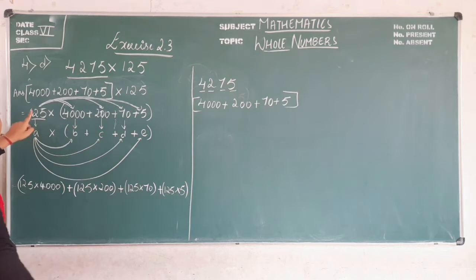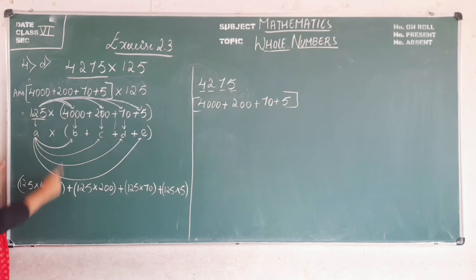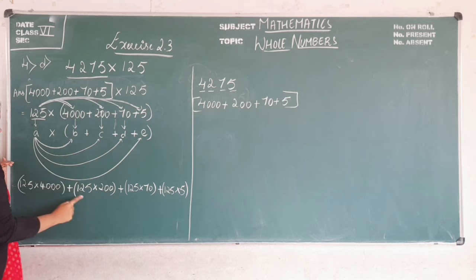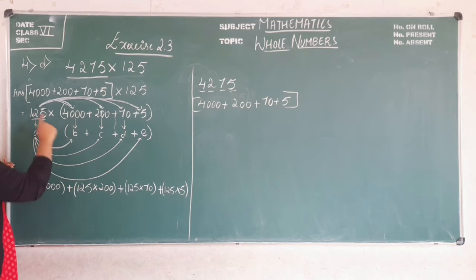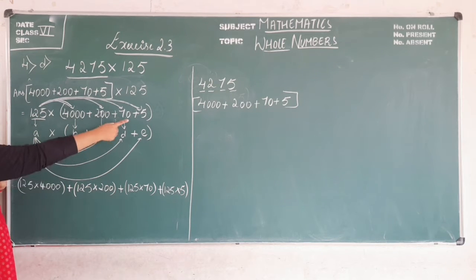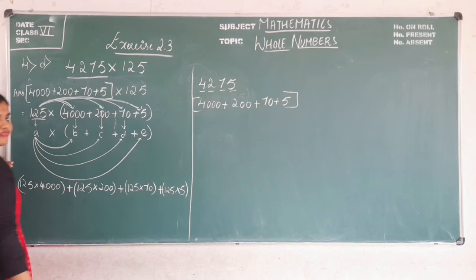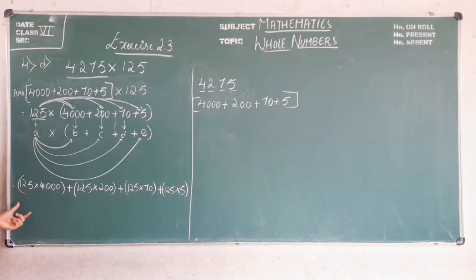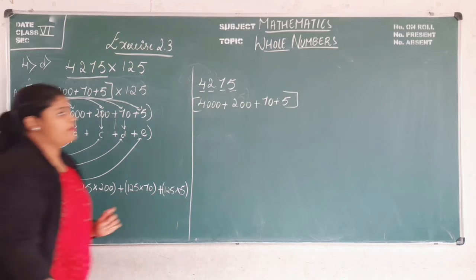So first I have multiplied 125 into 4000 plus 125 into 200, then plus 125 into 70 plus 125 into 5. So what is the next step? Yes, we have to solve the brackets. So now we shall solve the brackets.